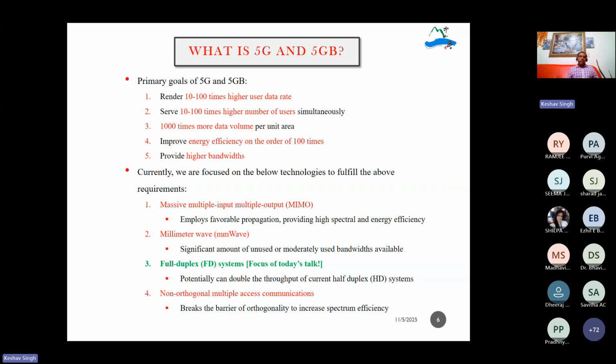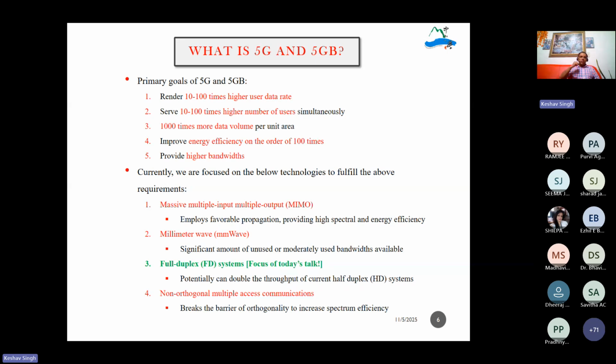Millimeter wave is another area. We can use higher spectrum in order to improve the throughput. And full duplex has the ability to double the throughput of the current half duplex scenario. For example, if you look back 20 or 30 years, in most parts of India there was a single lane railway track.